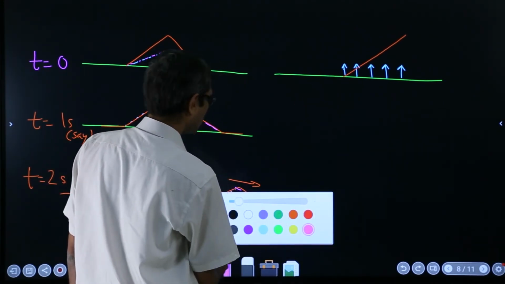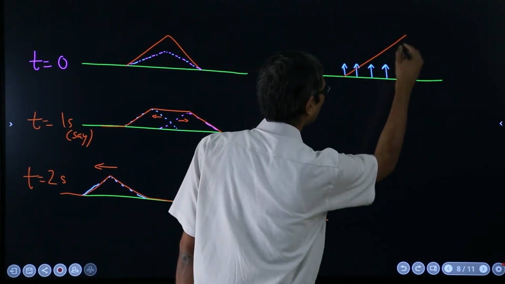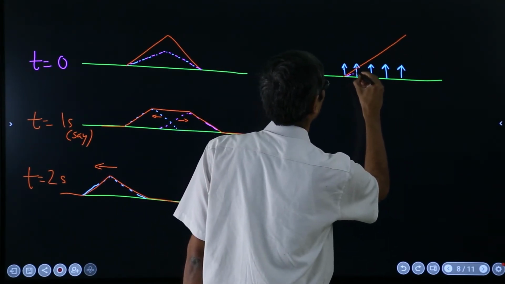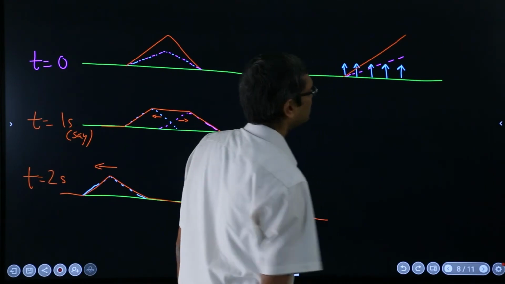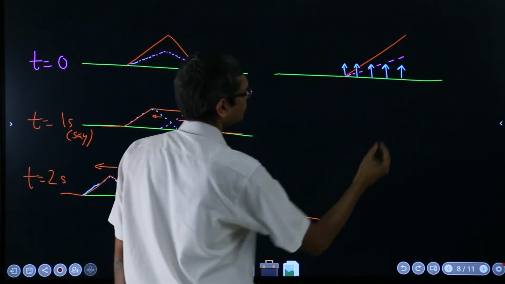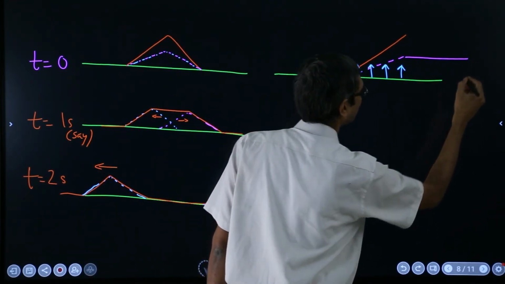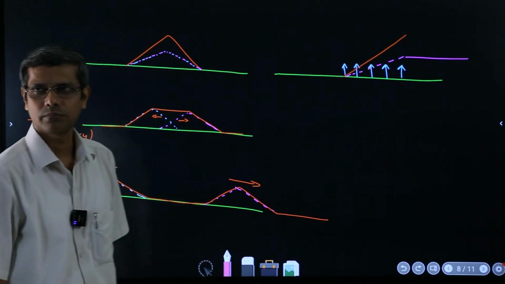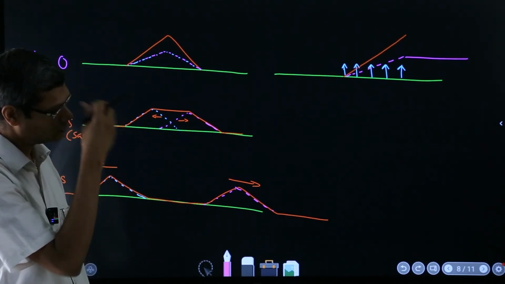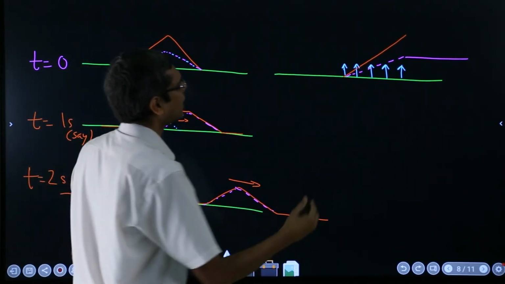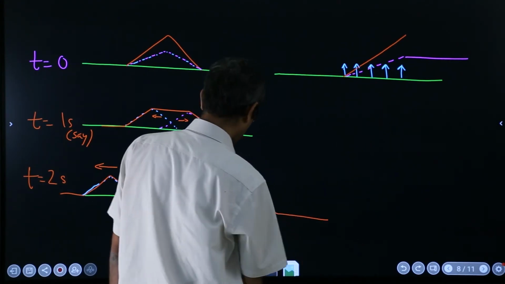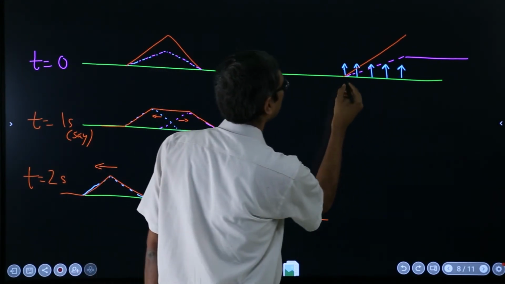Say one part is 1 by 2C, I am drawing now. Suppose this is 1 by 2C times that S, and similarly minus of that will be in this direction.